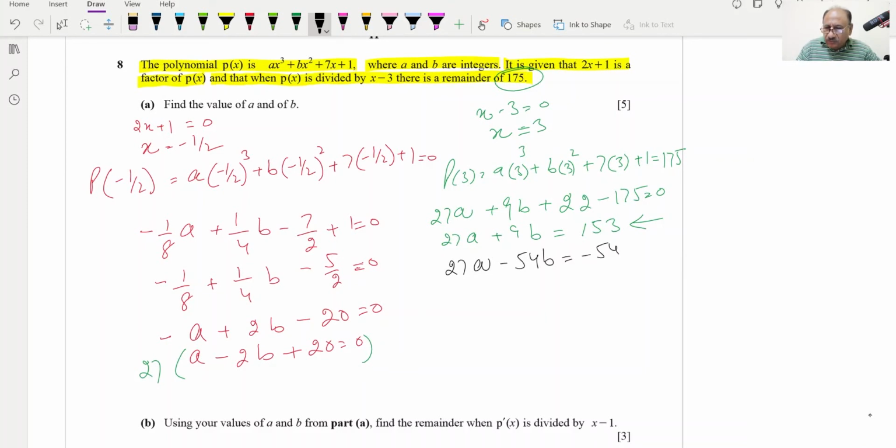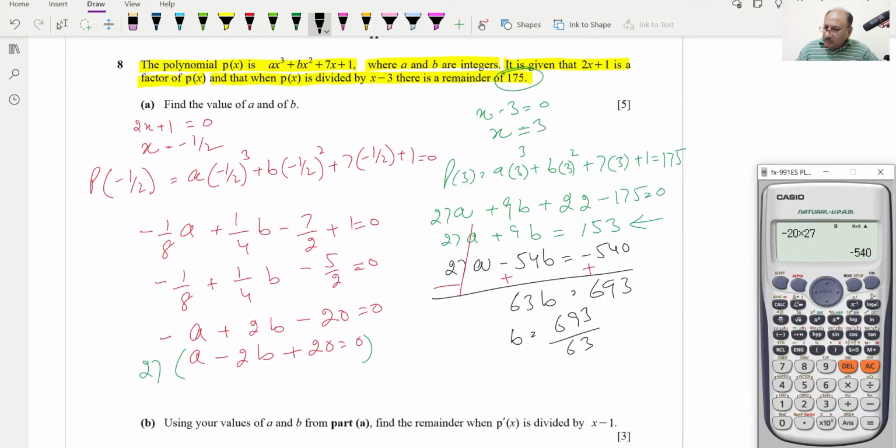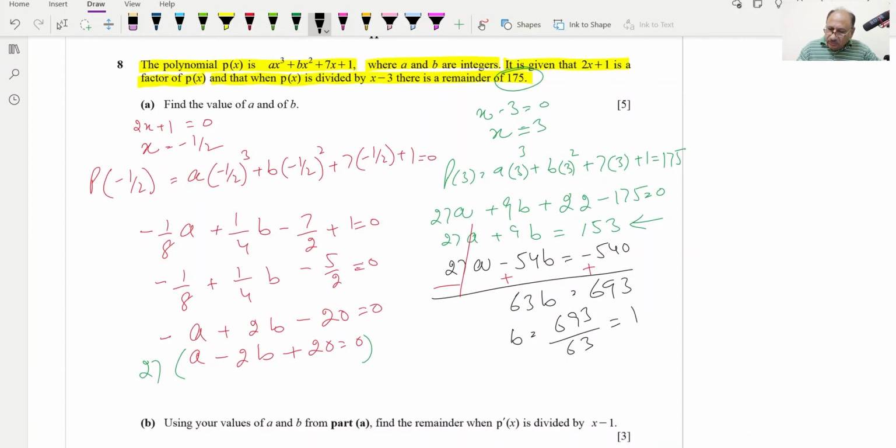Now we can solve this simultaneous equation. The sign will be changed and the 27a will be cancelled, and 9 plus 54 will be 63b is equal to 540 plus 153, so it will be 693. b will be equal to 693 over 63, and 693 divided by 63 is equal to 11, so b will be equal to 11.